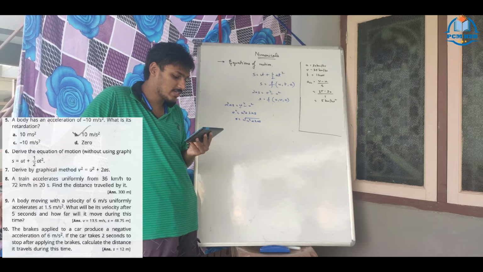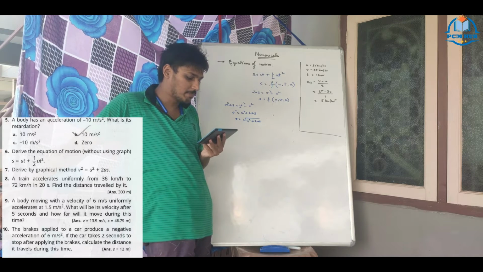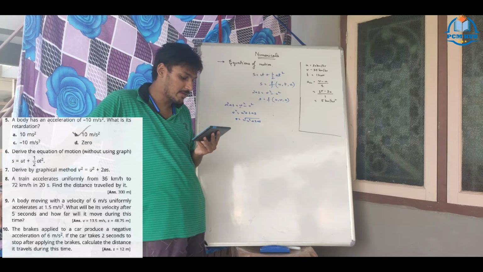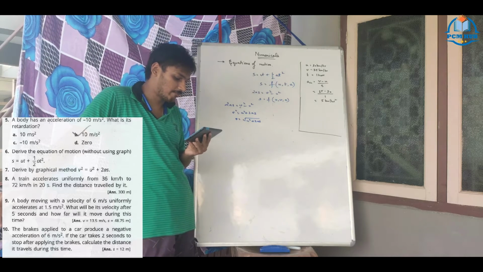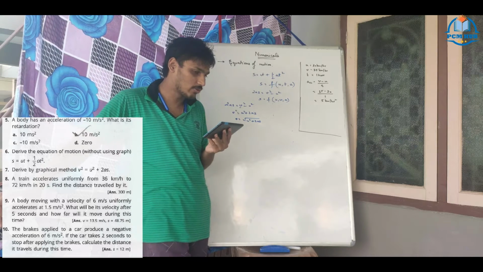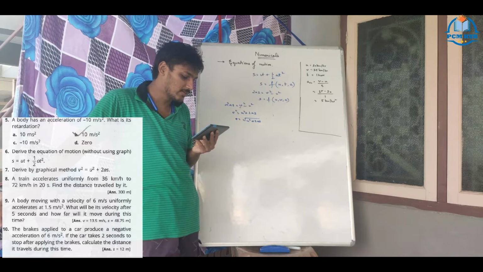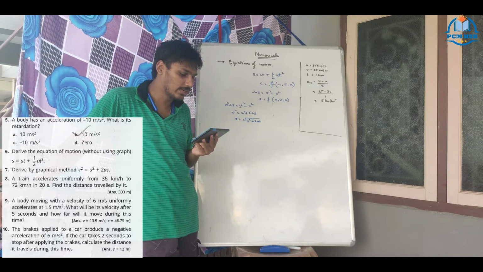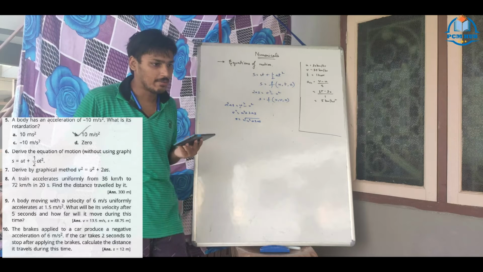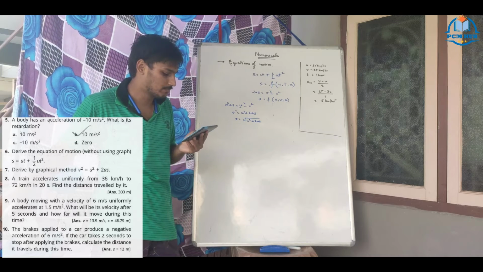So the answer is B, 10 meter per second square. Option A is meter second square, which is a multiplication, but we need a division because the unit is meter per second square, m by s square, m s to the power minus 2 should come.